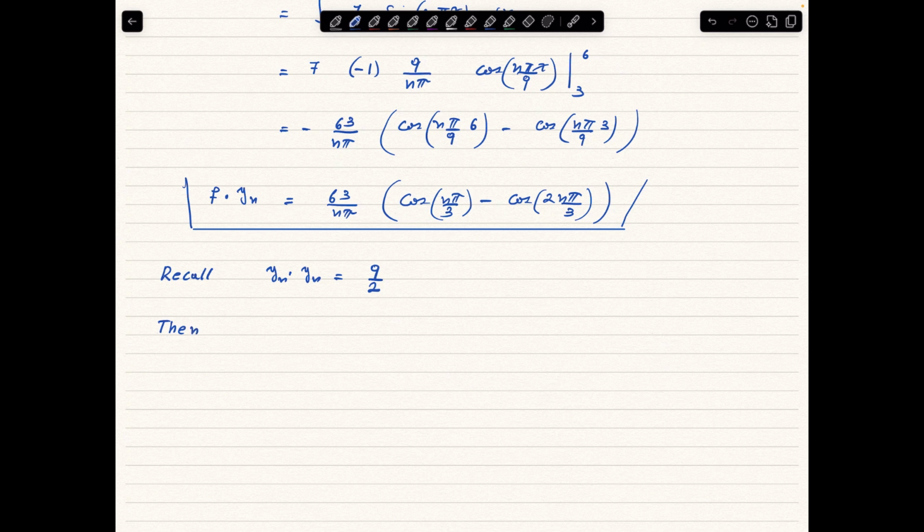What we can do is compute Cn now. Cn is going to be 2 over 9 times 63, but recall 63 was 7 times 9, divided by n pi, and then we have the cosine of n pi over 3 minus the cosine of twice n pi over 3.